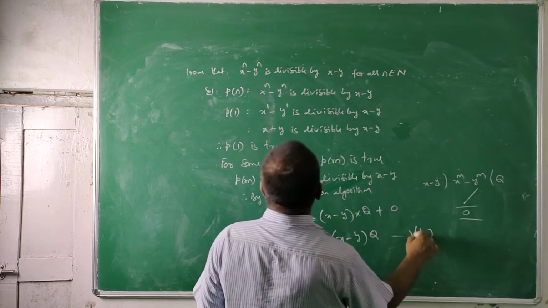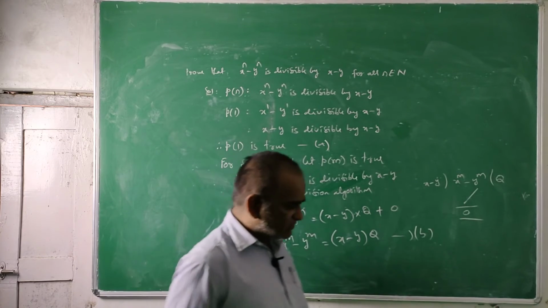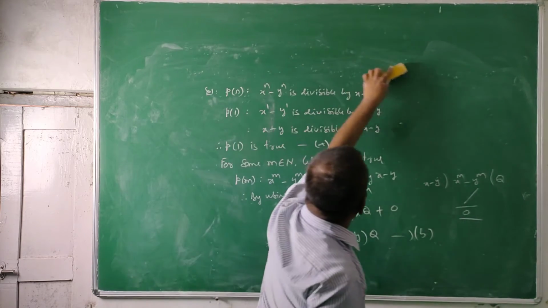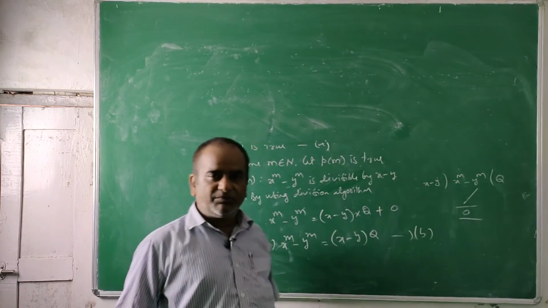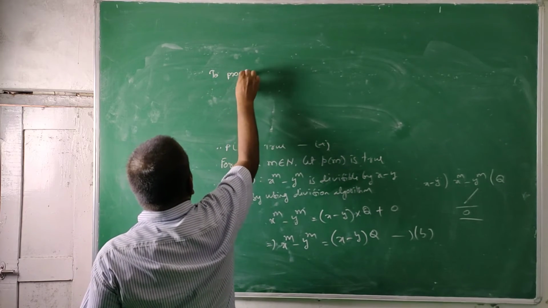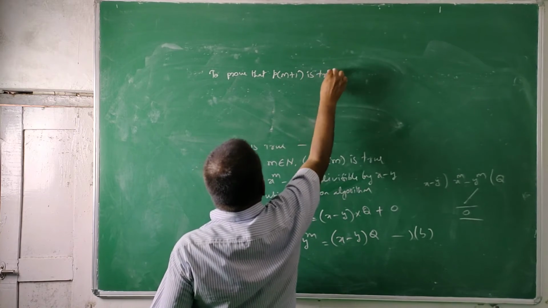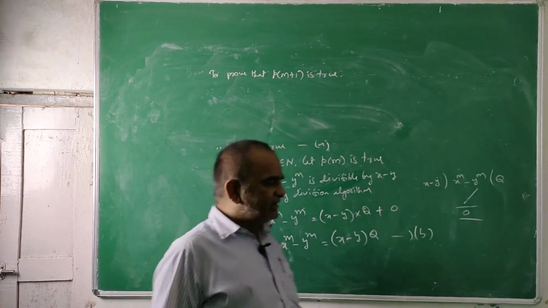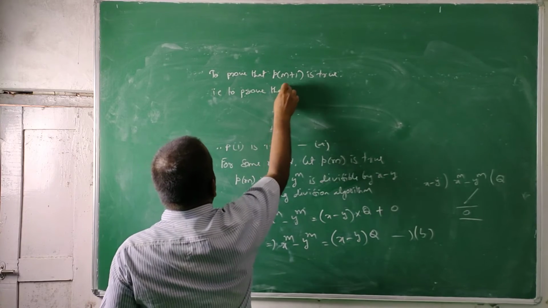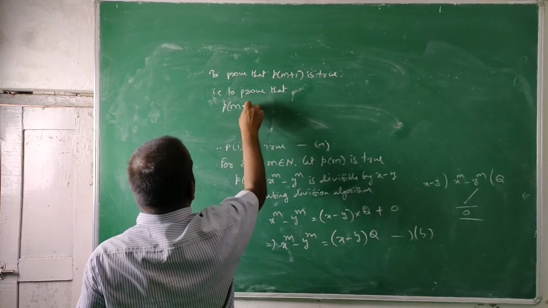So this is B. So this is A. Now to prove that P of m plus 1 is true, that is to prove that x power m plus 1 minus y power m plus 1 is divisible by x minus y.